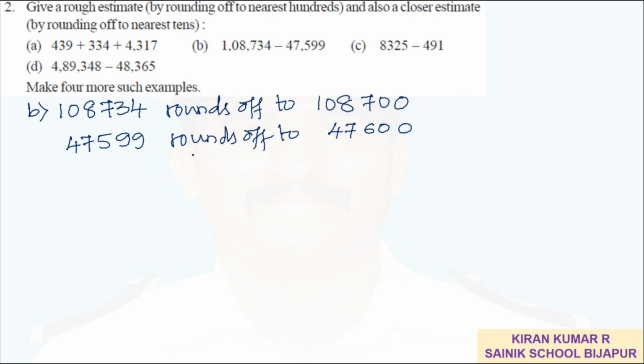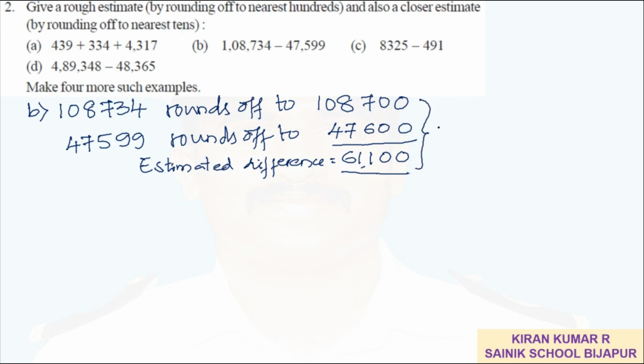In this case, the estimated difference is 61,100. This 61,100 is the estimated difference when we have estimated to the nearest hundreds.